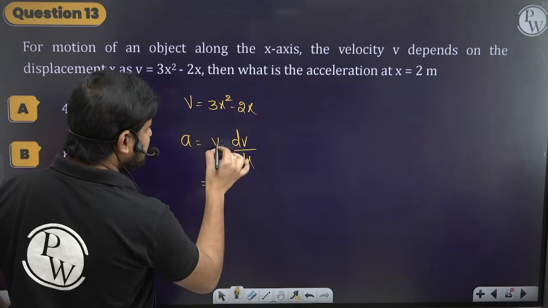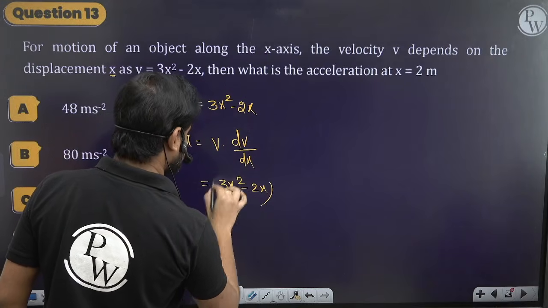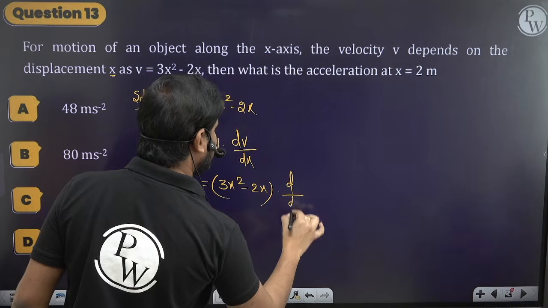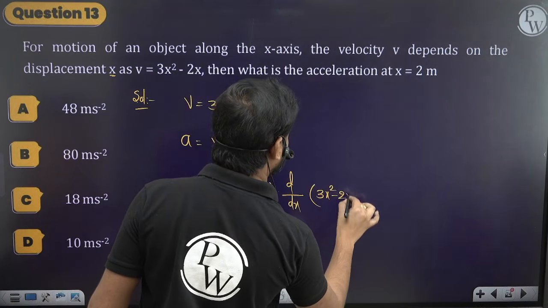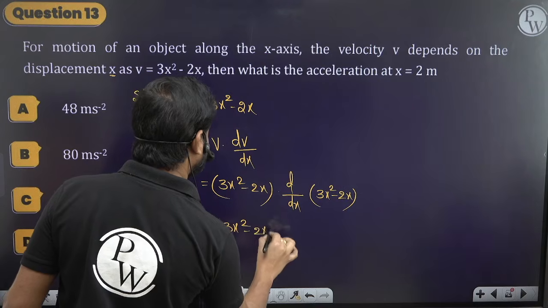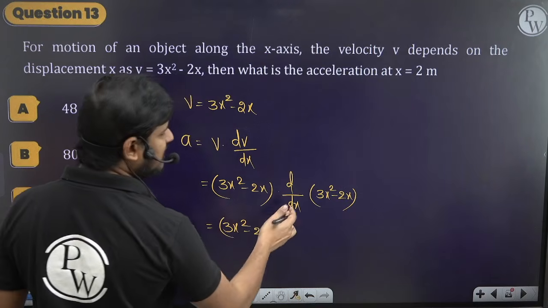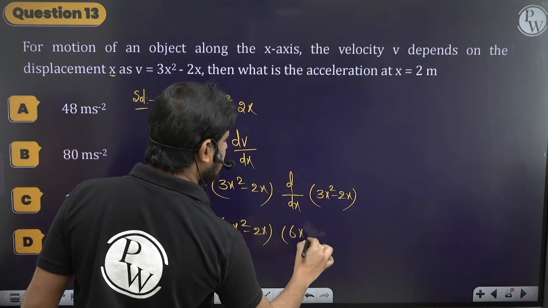In place of v, we write 3x square minus 2x into d by dx of velocity, which is 3x square minus 2x. Then 3x square minus 2x into, what is the d by dx of this? This differentiation is 6x minus 2.